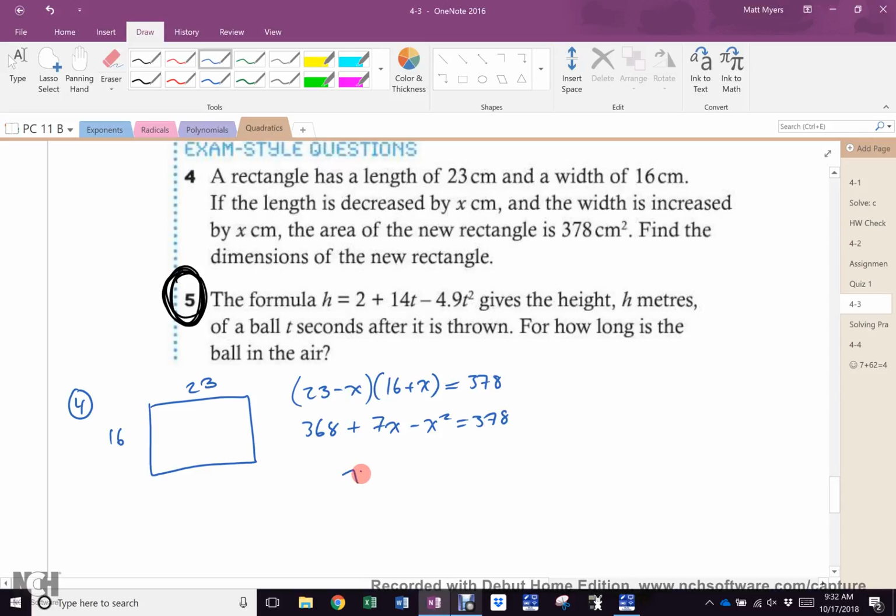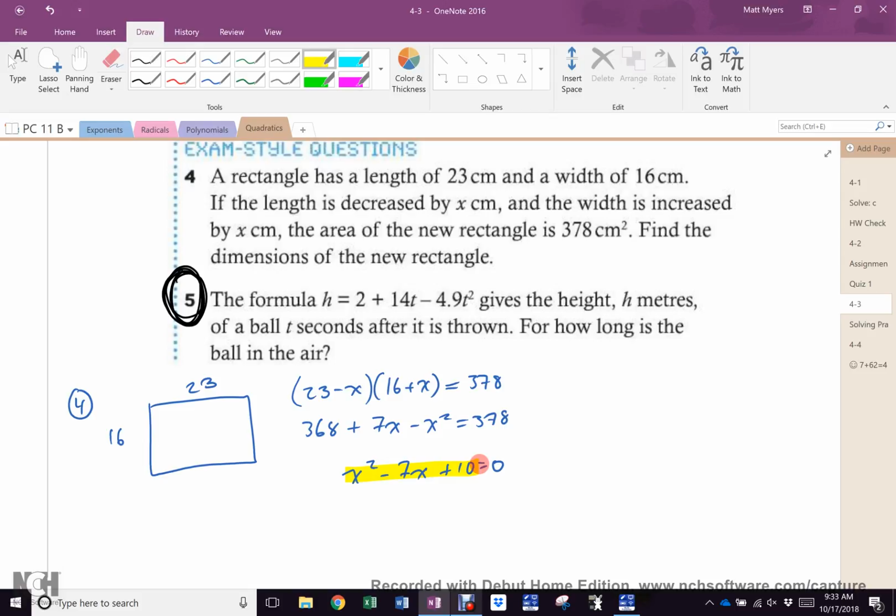Move it around. X squared minus 7x plus 10 equals 0, yes? Now, what are our options here? We can do one of 3 things. What are they? Factor, or complete the square, or quadratic formula. Which one will always work? Quadratic formula.